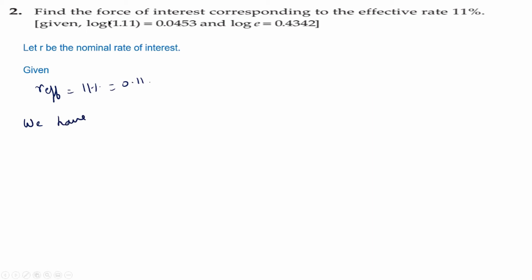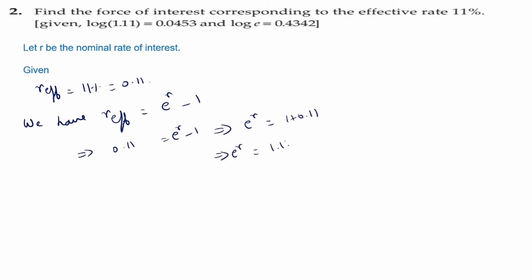We have to find the force of interest, so it means the interest is compounded continuously. So we have R effective equal to e raised to R minus 1. From this we get 0.11 equal to e raised to R minus 1, or e raised to R is equal to 1 plus 0.11.